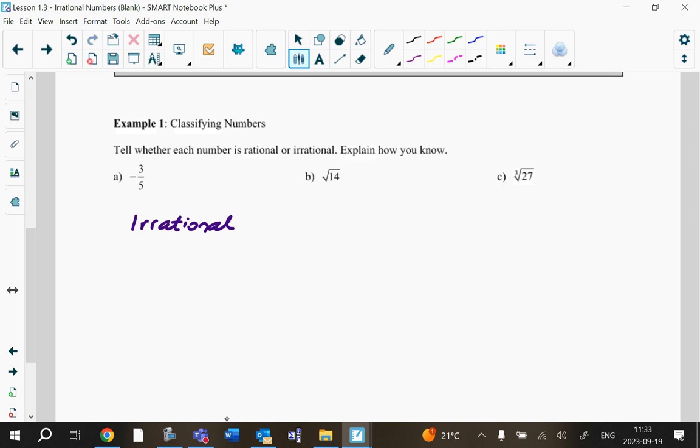Rational? Can you take the square root of 14? Is it a perfect square? No, it's going to be 3 point something. And that decimal is going to go on forever, never repeat, never end. So it is irrational. Because it is a non-perfect square.